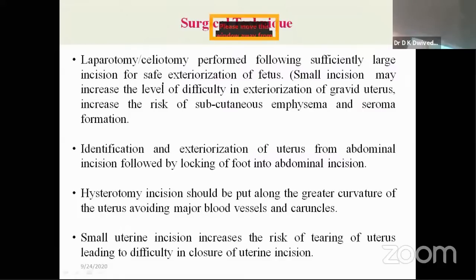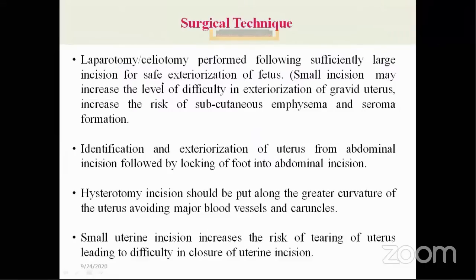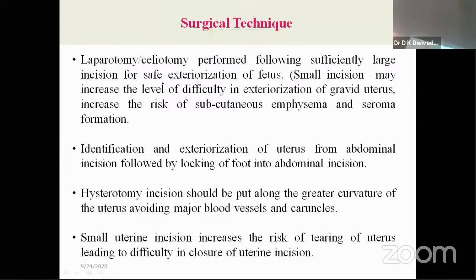That is very important. Sometimes people confuse it with the rumen, because the rumen is filled with ingesta. So you have to identify clearly that this is the gravid uterus, and then you have to exteriorize the uterus from the abdominal incision.